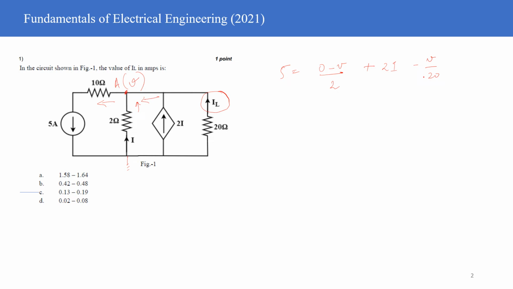And it's also given to you that the current I is this current I which is flowing in this particular branch, and the voltage across this particular thing is nothing but 2 times I, right?